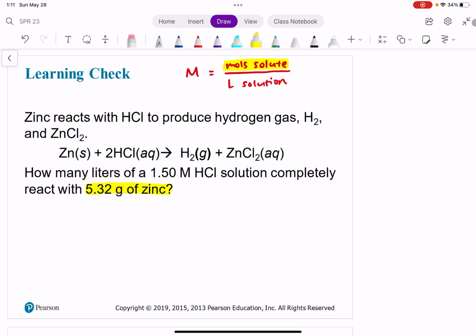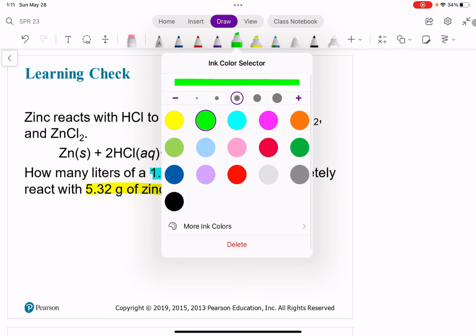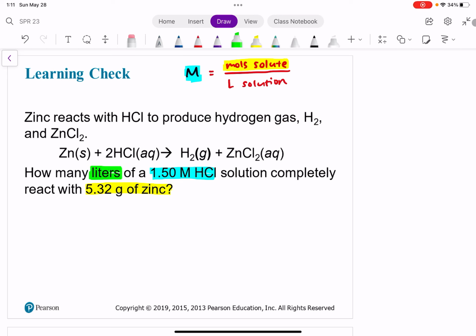And then we know our molarity, which is 1.50 molar HCl. And then we want to know our volume, which we'll leave in green.